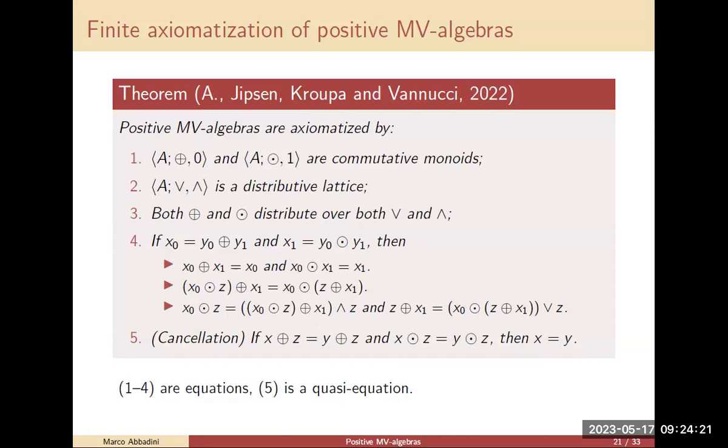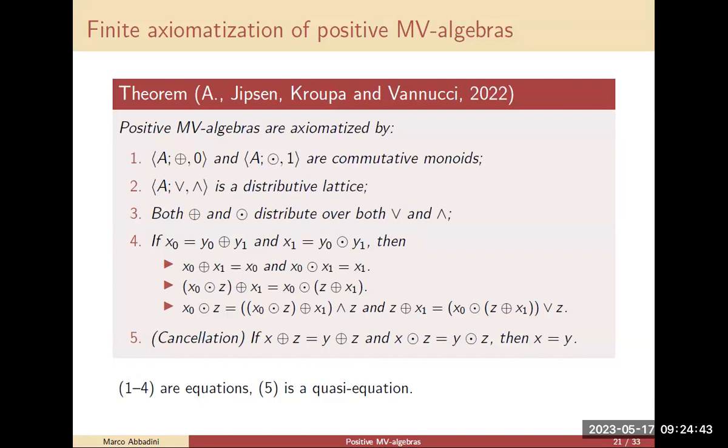But it remembers also the distributive property for lattices, which can be expressed as x joins z equals y joins z, and x meets z equals y meets z implies x equals y. Can you say something about why 5 is not an equation?